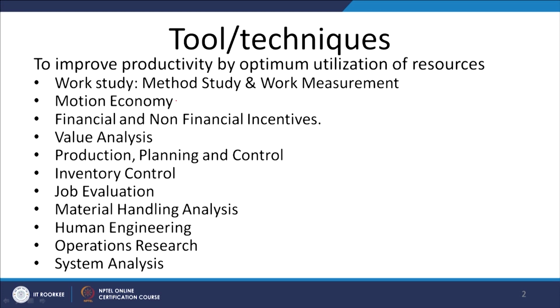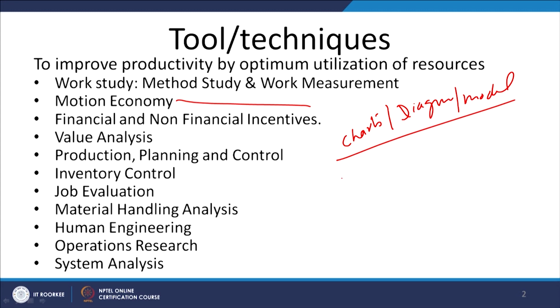Another tool is motion economy. In case of motion economy, various charts, diagrams and models are used to see the way by which the facilities, sections or equipments should be arranged.